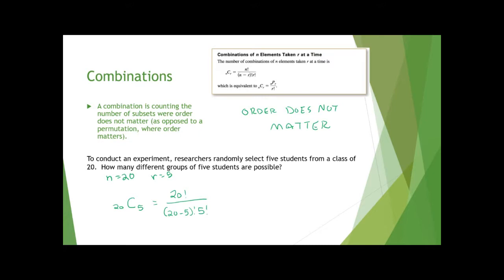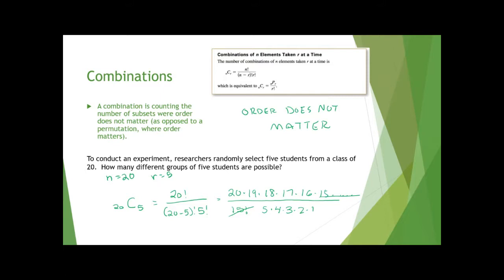You could use your calculator to do this, but if you want to see how it works using the canceling property: on the top, 20 factorial is 20 times 19 times 18, and so on. 20 minus 5 is 15, so 15 factorial is the same as that 15 factorial on top, so those would cancel. And then we have 5 times 4 times 3 times 2 times 1.